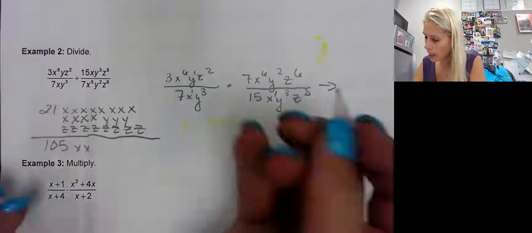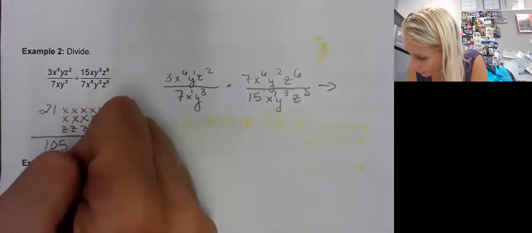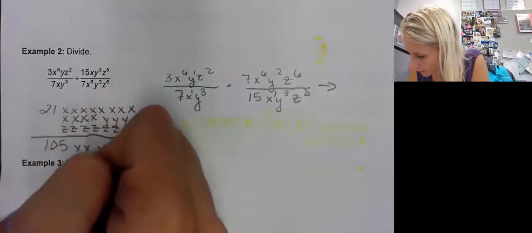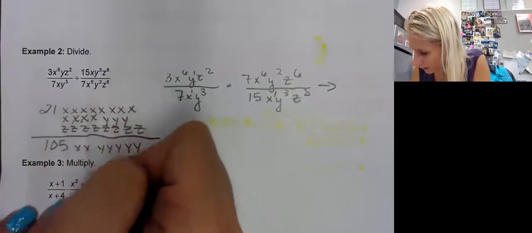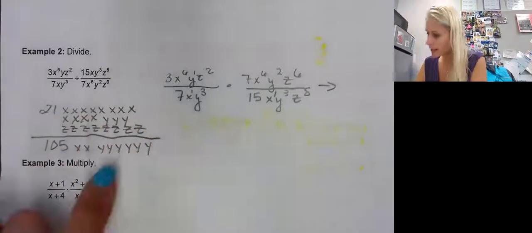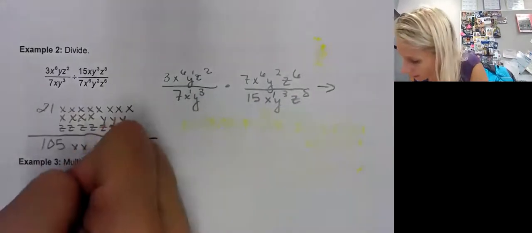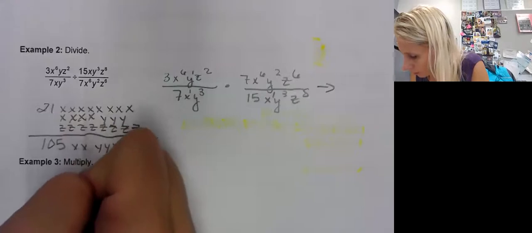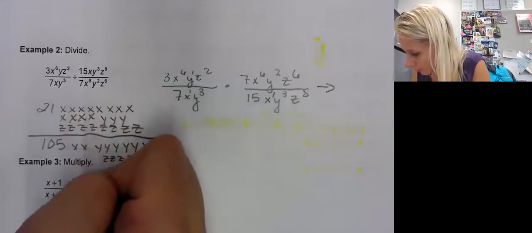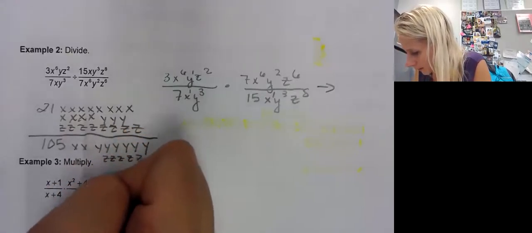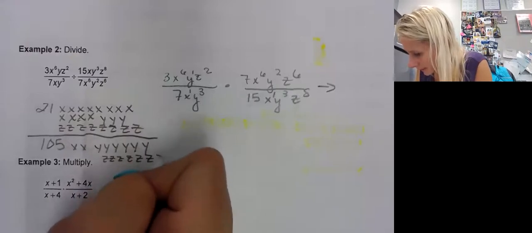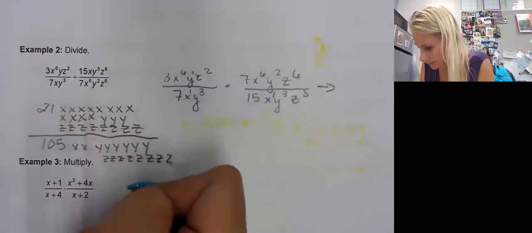Y cubed and y cubed is 6 of those y's. 4, 5, 6. And then z, I don't have any here, but I have 8 here. So 1, 2, 3, 4, 5, 6, 7, 8.